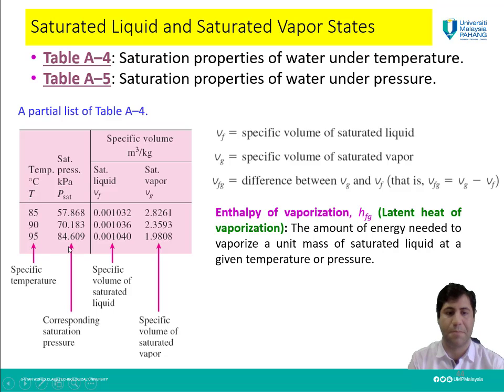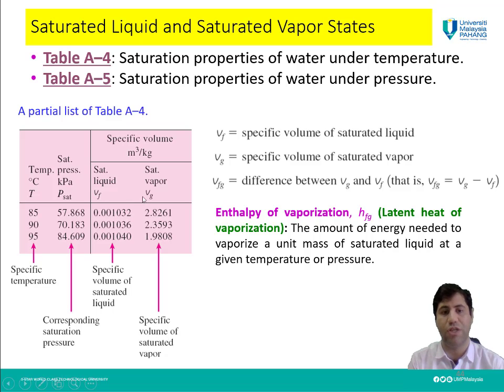The second column is the corresponding saturation pressure for that temperature. Vf and Vg, for example, are specific volumes: Vf is the specific volume of saturated liquid, and Vg is the specific volume of saturated vapor.